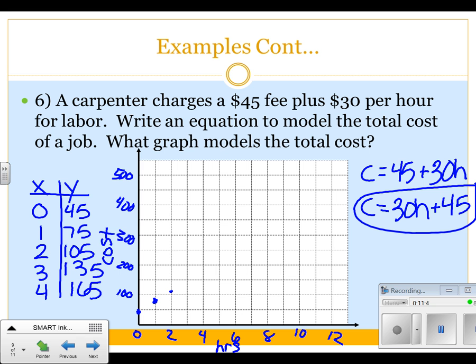So we're right about in here. At 4 hours, it would be 165. So right about in here. And then it would, whoa, my marker is off on the smartboard here. We see the line and it would continue to increase from there.